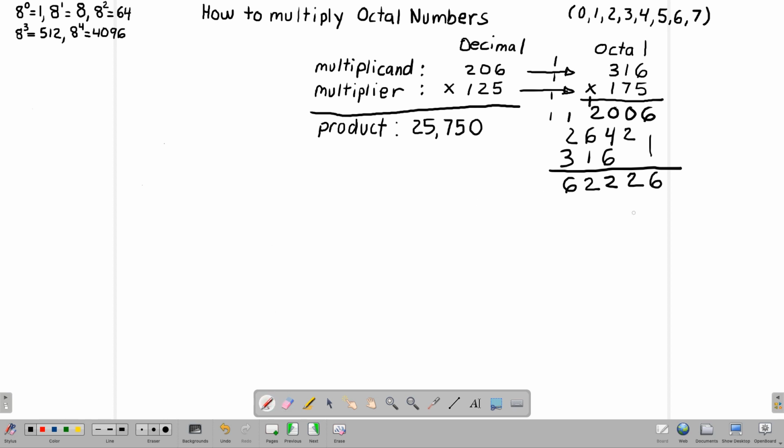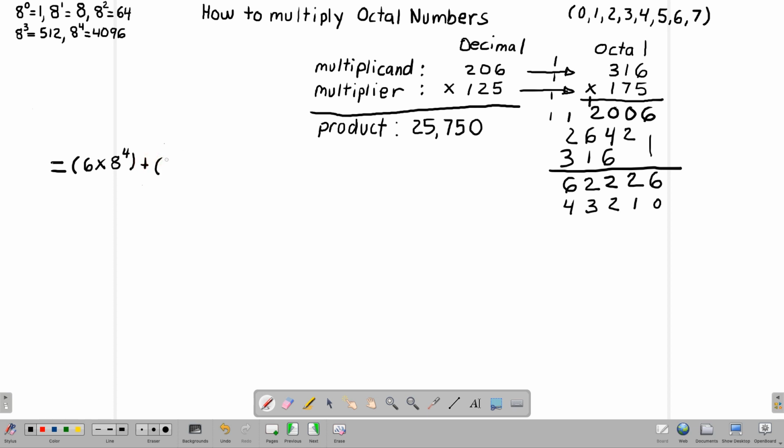Now, since we're dealing with base 8 or any kind of conversion, you want to think about the positions of the digits. The digit 6 is in the 0th position, 2 is in the first position, the next 2 is in the second position, the next 2 is in the third position, and the 6 is in the fourth position. So when we compute, we have 6 times 8, and since 6 is in the fourth position, its exponent is 4.